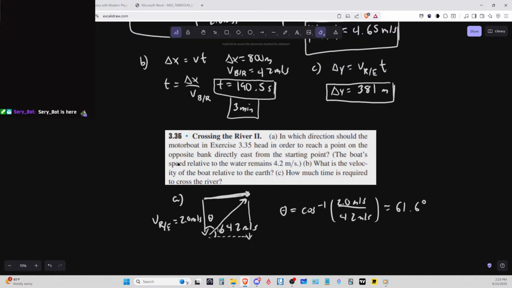In order to reach this new point on the opposite side, what is the velocity of the boat relative to the Earth? So at this point, the velocity of the boat relative to the Earth is equal to the boat on the river plus the river relative to the Earth.